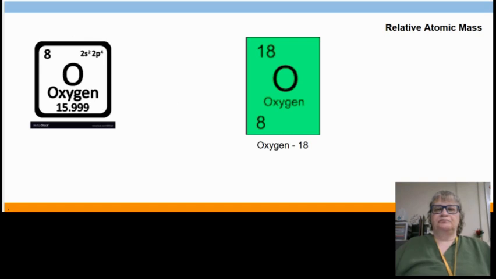Okay, so remember we call this oxygen 18. This oxygen has 18 in mass and 8 as the atomic number, or the number of protons.